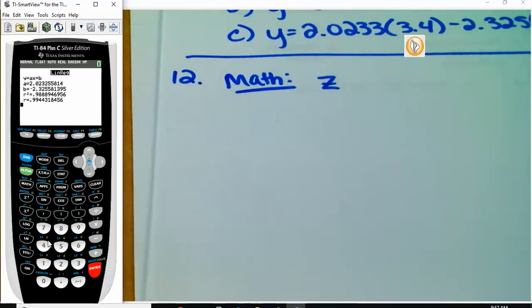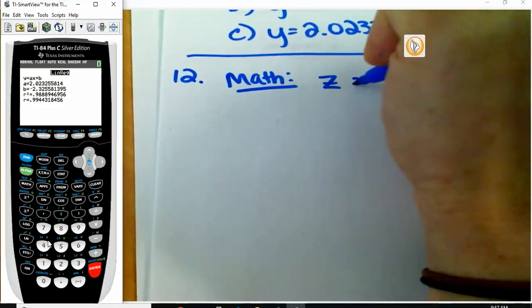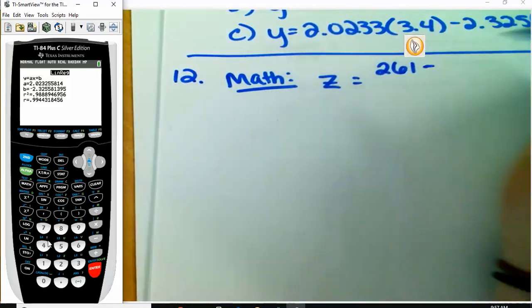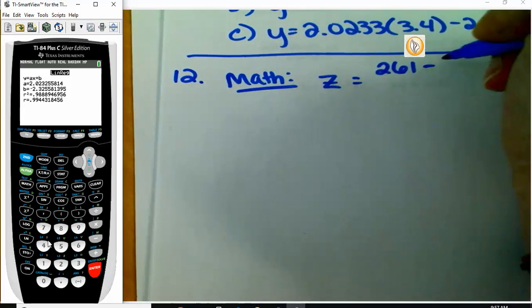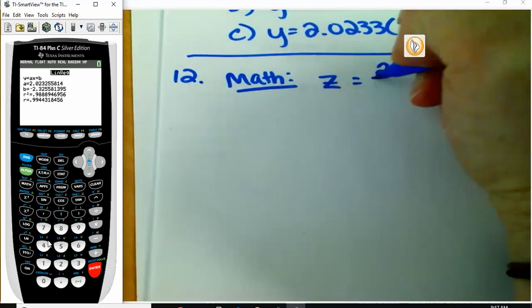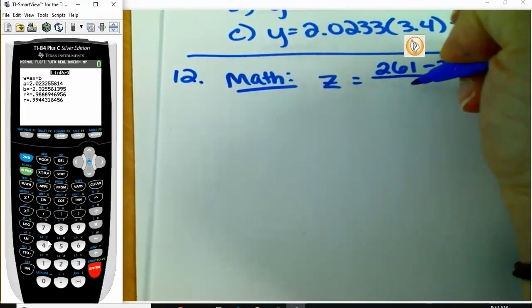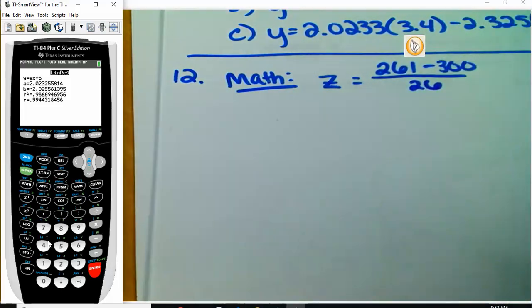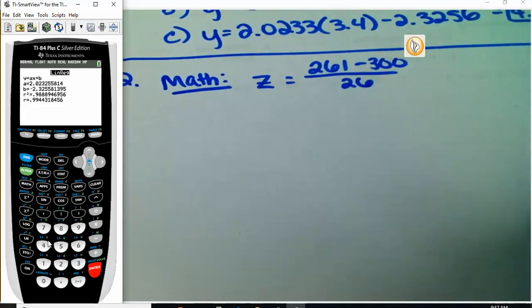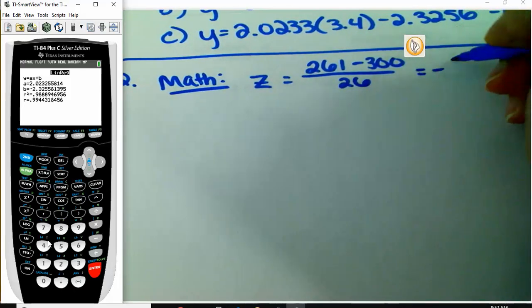So it's your X, so your score, so on the math, you got a 261, minus the mean, so the mean of the math was a 300, over standard deviation of the math, which was 26. Okay, so if you calculate that, you get a negative 1.5.